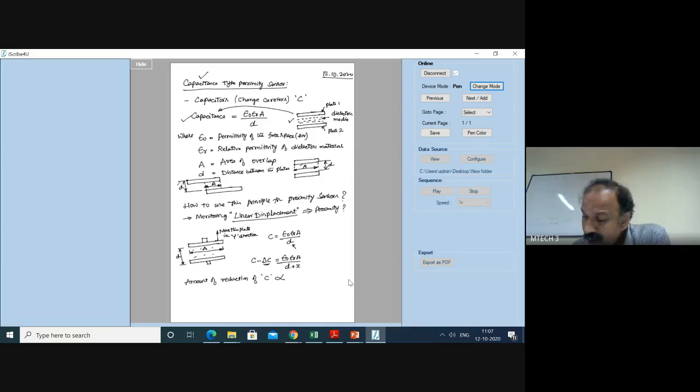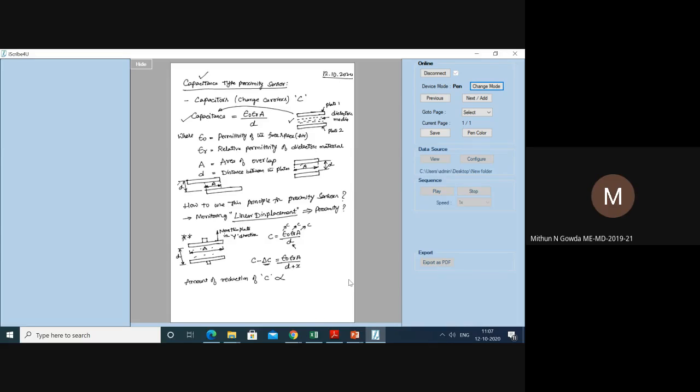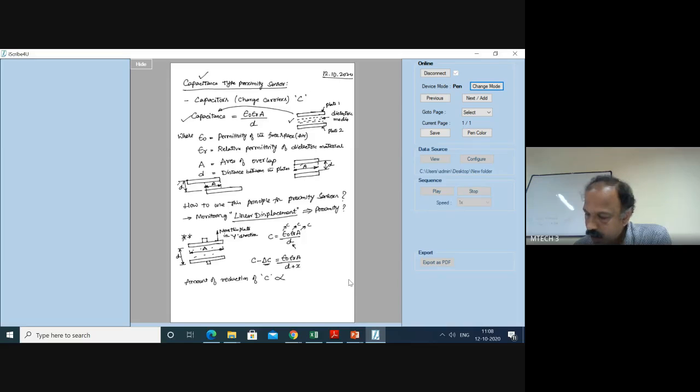In this condition, these are all constant. This is constant, this is constant, this is constant. I am only changing the value of distance. So the amount of reduction of C is proportional to the distance moved. Yes or no? Right.